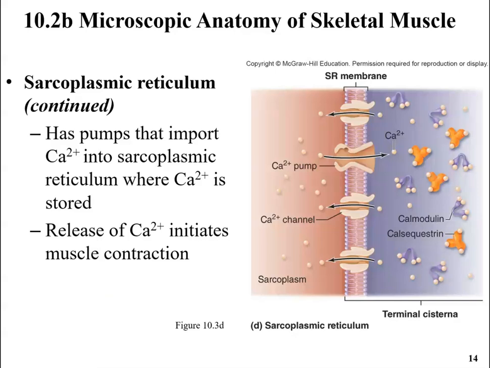The sarcoplasmic reticulum has pumps that import calcium into the sarcoplasmic reticulum, where calcium is stored, and then release of calcium is going to initiate muscle contraction, okay? So here, showing the terminal cisterna, you can see it is a storage site for calcium.